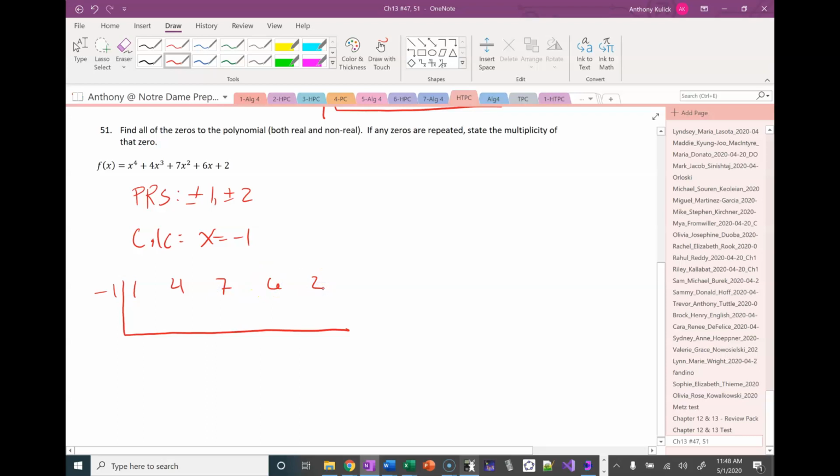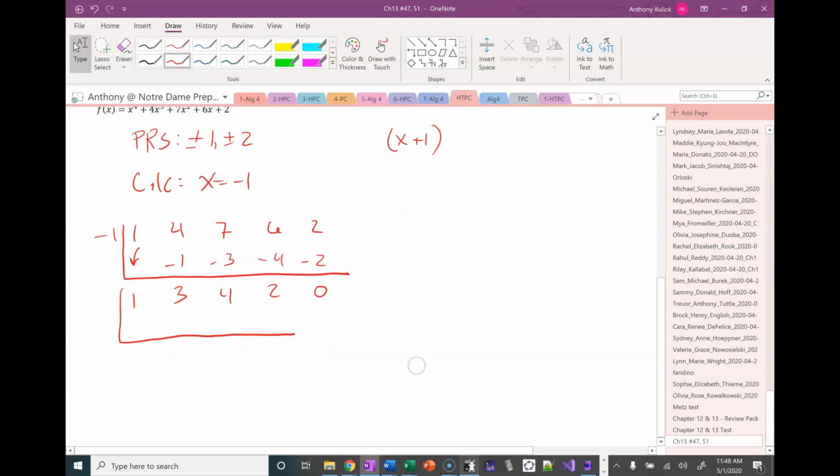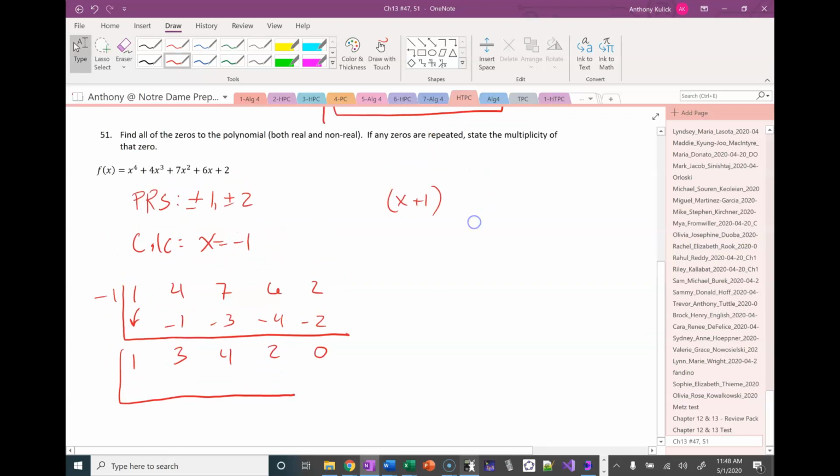So I'll go ahead and start my synthetic division with negative 1. And that's worked, right? Because I got a remainder 0, so I know that x plus 1 is a factor. And what I'm left with here then is x cubed plus 3x squared plus 4x plus 2.